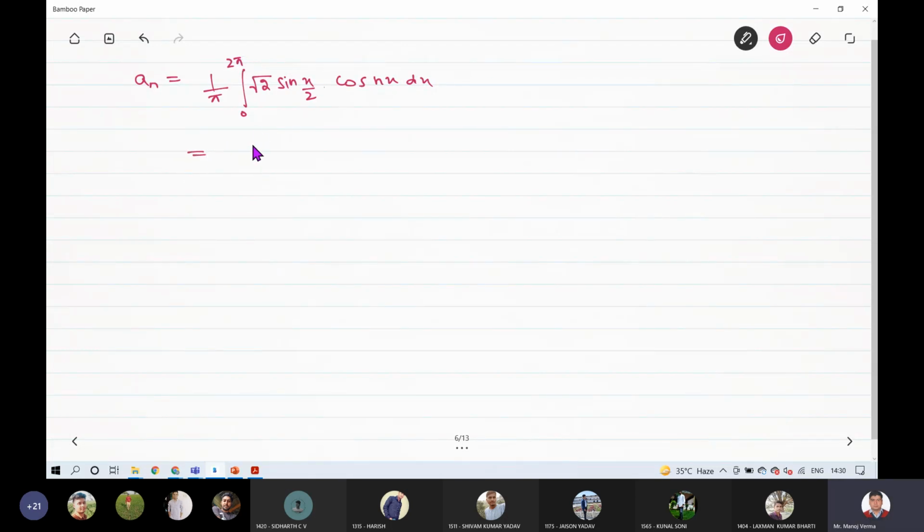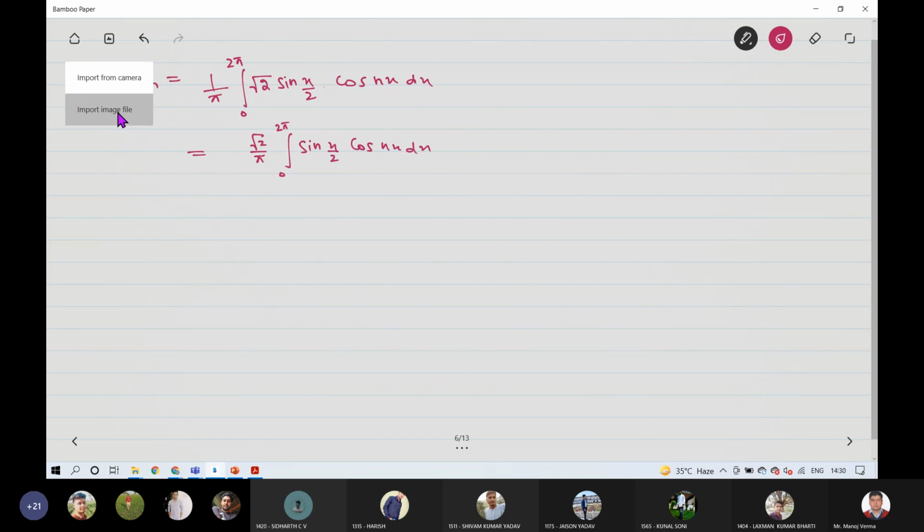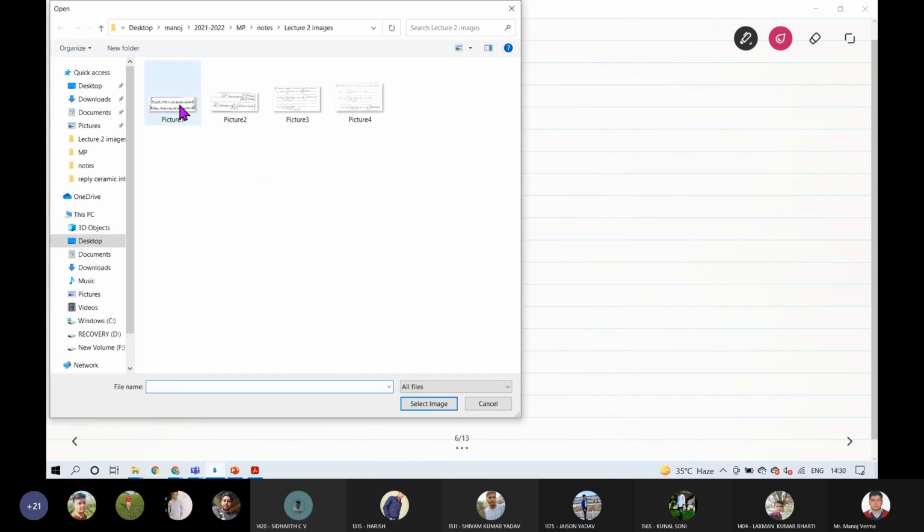I can take out the common root 2 over pi and integral 0 to 2 pi of sine x by 2 cos nx dx. And for this type of integral, how can I simplify this expression?